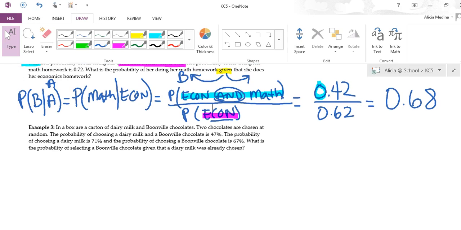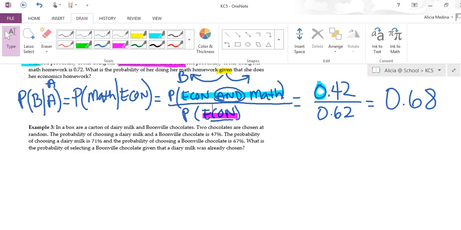All right, last example here. It says in a box, I think it's supposed to say on a box, there are a cartoon of Dairy Milk and Boonsville chocolates. 2 chocolates are chosen at random. The probability of choosing a Dairy Milk and a Boonsville chocolate is 47%.